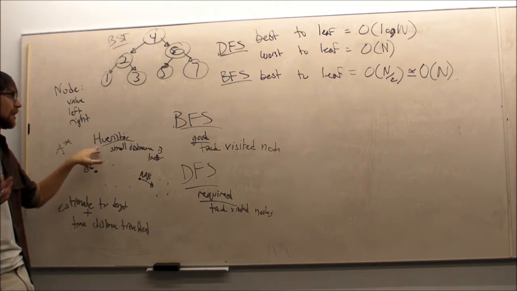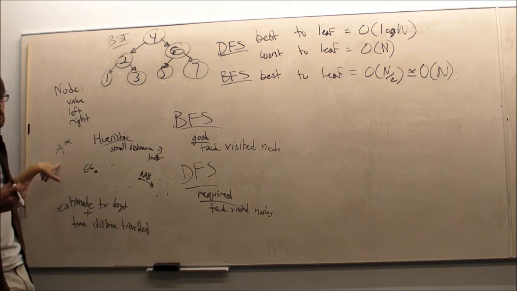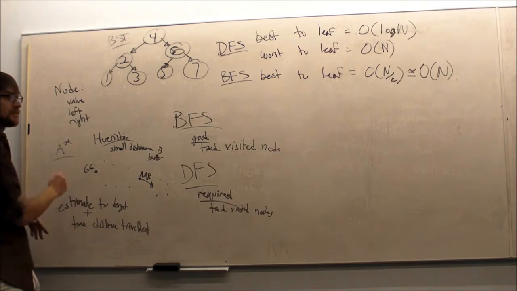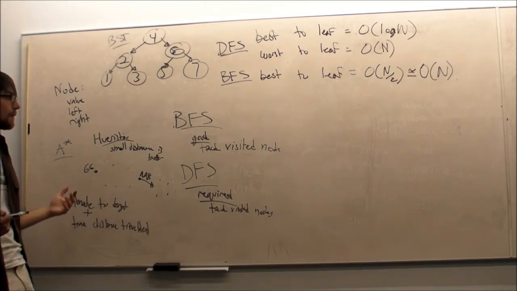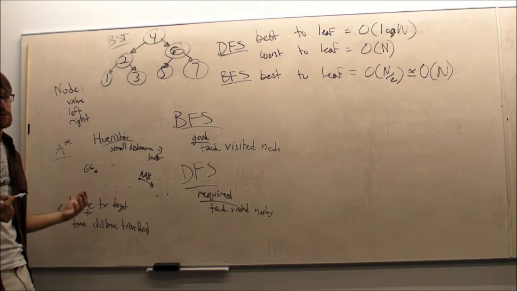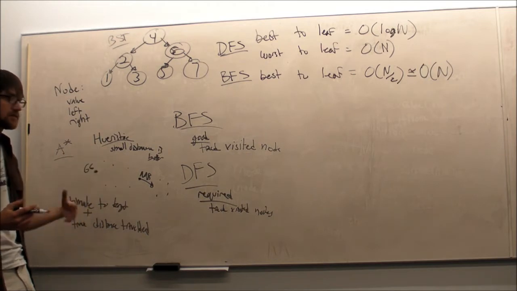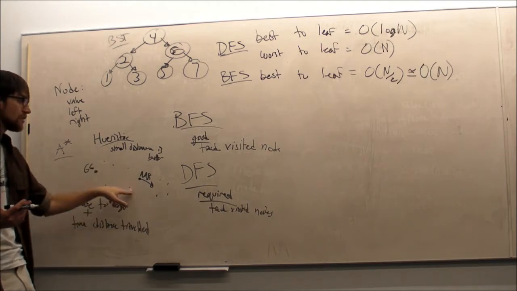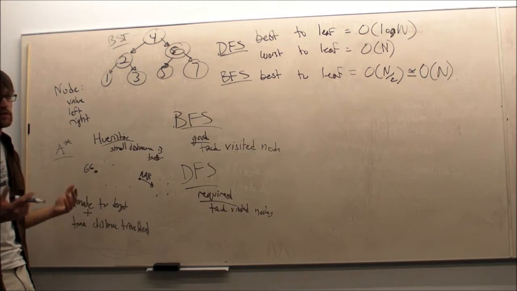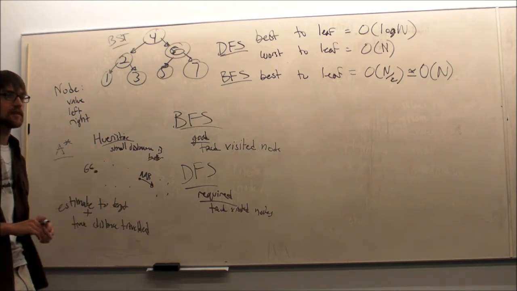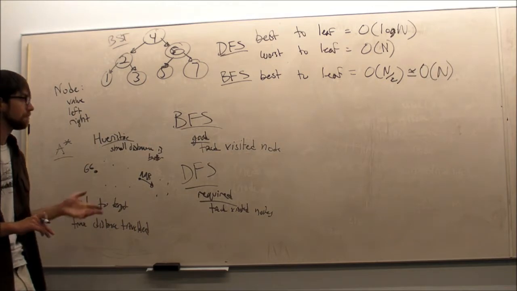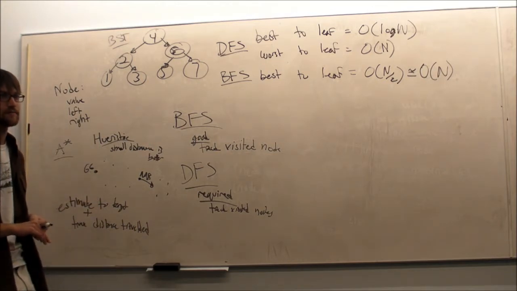For example, with this A-star algorithm, the worst case is still order n, it still has to touch everything. But it's less likely that you hit that worst case. So it's more likely to take a more direct route, but it requires additional information in terms of an estimate of the distance, and it requires a little bit more coding. There are lots of examples of this, but we're just going to talk about that one.